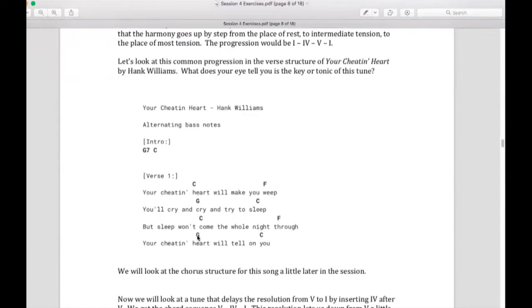There's C, yeah. And then there's the 5 chord. C is 1, G is 5, F is 4, right? And another little hint is that you had a G7, and that 7 only happens on the 5th degree of a scale. So right off the bat, you had 5, 7, 1 in C for the intro.